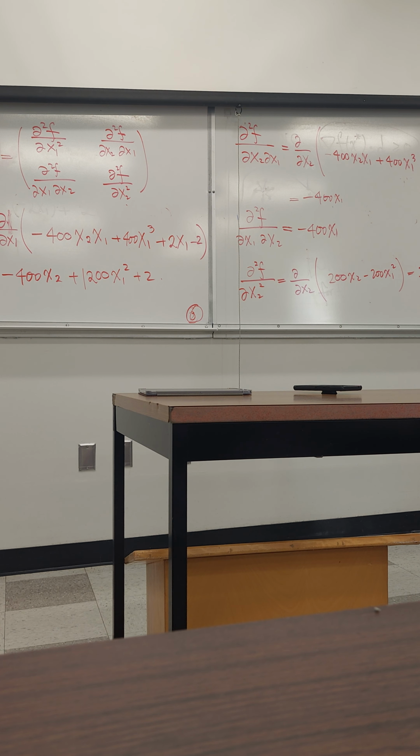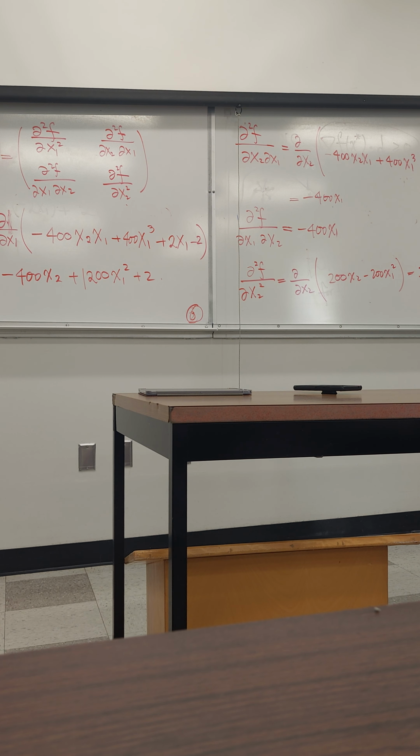The second derivative test says each diagonal entry is positive. So it's good. 802 is positive, 200 is positive, so the diagonal entries are positive.